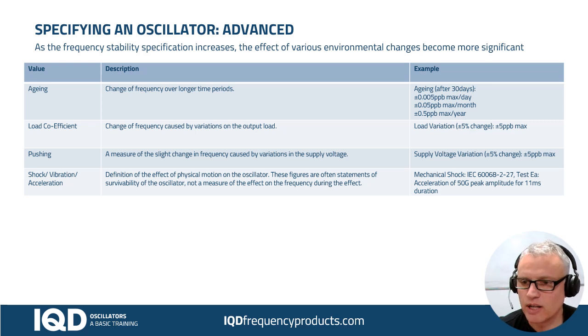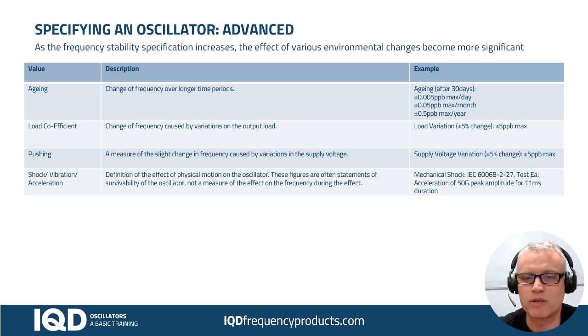We might define the level of shocks and the amplitude of the duration. And we will lay all of that out on the data sheet, and you might have some specific application where there's a specifically high shock that we need to meet or something like that. I've seen guys in the rail industry have got some very interesting shock causes caused by the vibration of very high masses on the rail.